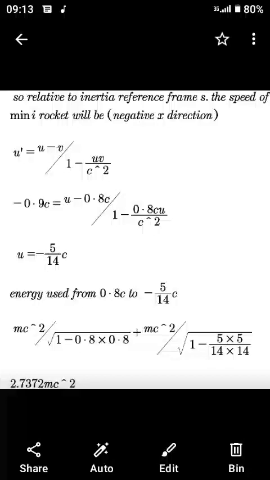So that shows a contradiction in Einstein's special relativity theory.